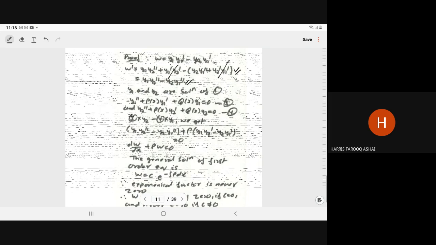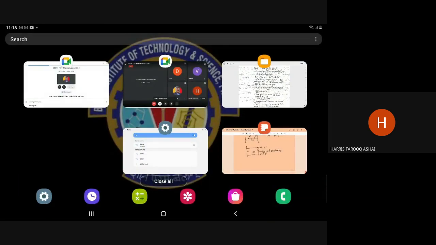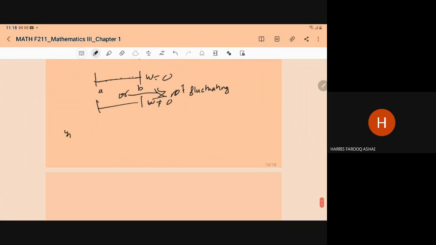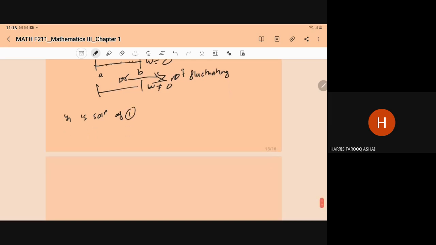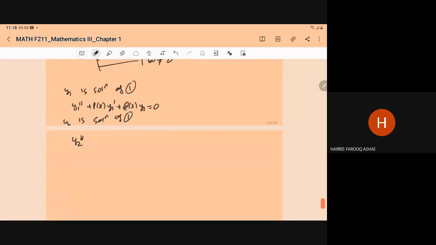So y1 is a solution of the first, which means y1 double dash plus px y1 dash plus qx y1 is equal to 0. y2 is also a solution of the first, so y2 double dash plus px y2 dash plus qx y2 is equal to 0. Let's say it is A, and it is B.